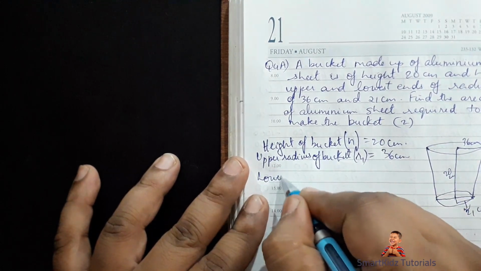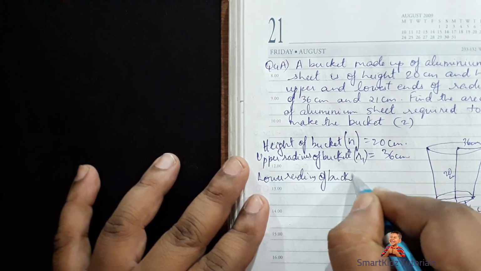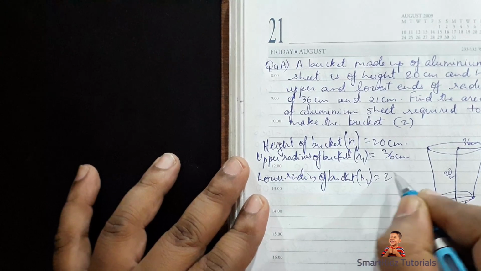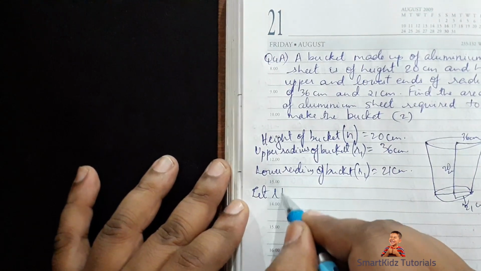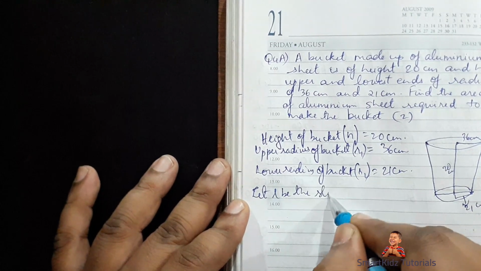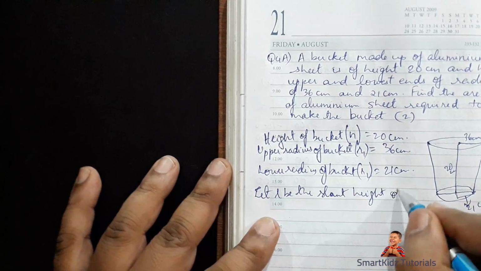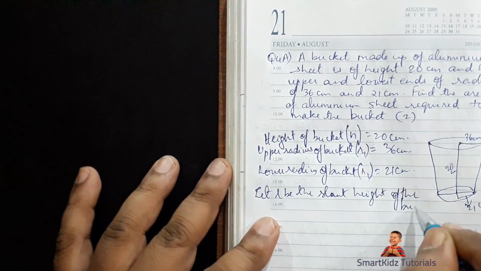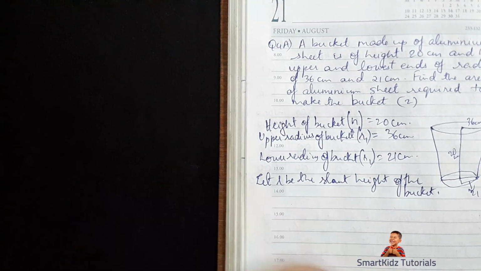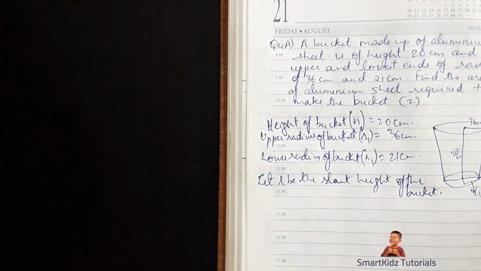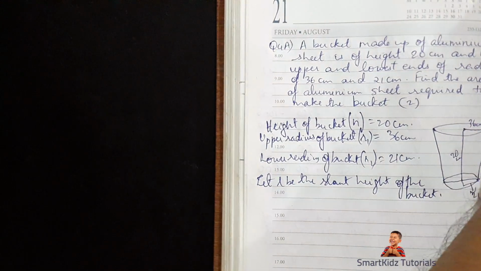Then the lower radius of bucket will take as r2, that is given as 21 centimeter, and you say let L be the slant height of the bucket. Okay, now we'll begin first thing by finding out the slant height of the bucket.